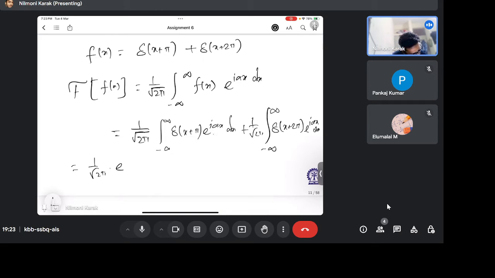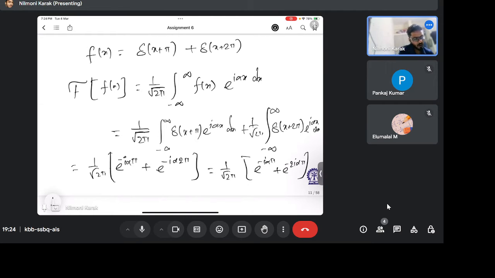So instead of x, you have to put minus pi: e to the power minus i alpha pi, plus e to the power minus i alpha 2 pi. So you can write it like this. Okay, got it?